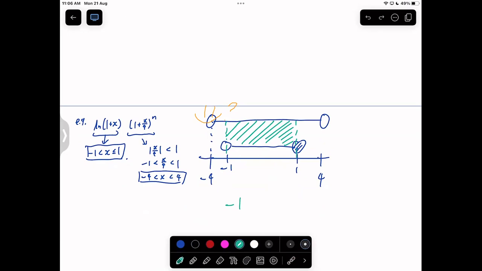For the -4 to +4, you have empty circles, and for the other you have a solid circle, so what's the overlap between include and don't include? It must be don't include. So you don't include -1. And at +1, there's a solid circle here as well. So what's the overlap between include and include?